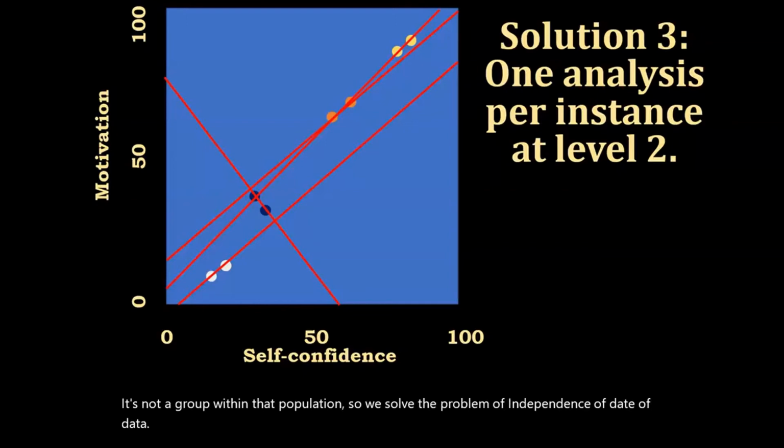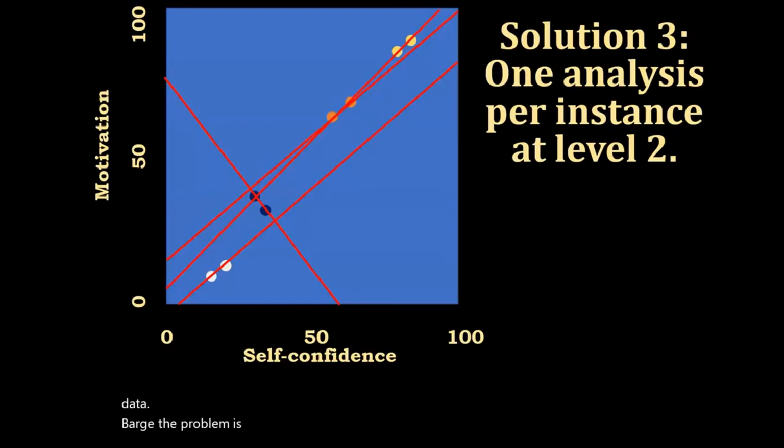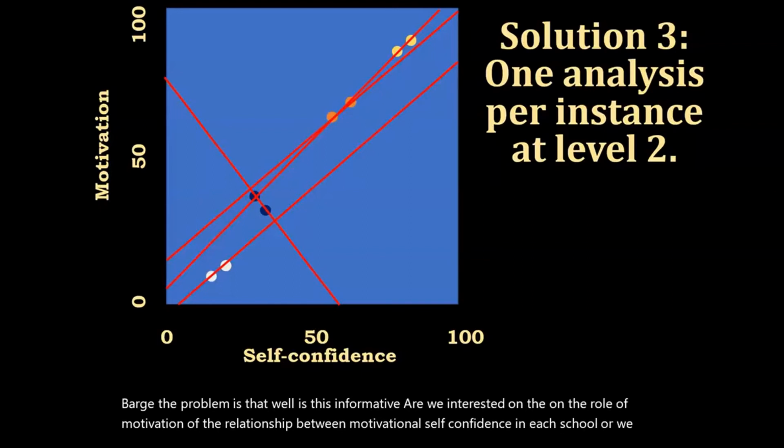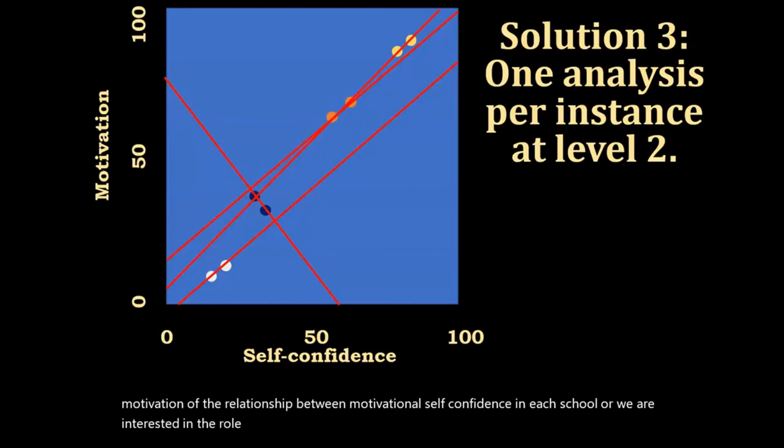But the problem is, is this informative? Are we interested in the relationship between motivation and self-confidence in each school, or are we interested in the relationship between these 2 variables overall, not just in each school?